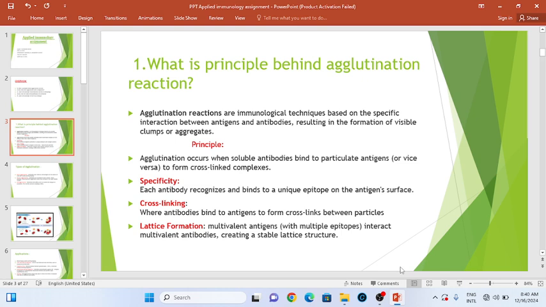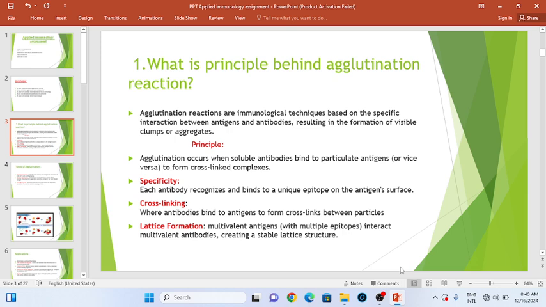In specificity, the antibody recognizes and binds to a unique epitope of the antigen, meaning every antibody binds to a specific epitope of the antigen. The other one is cross-linking, where antibody binds to antigen to form a cross-link between particles.